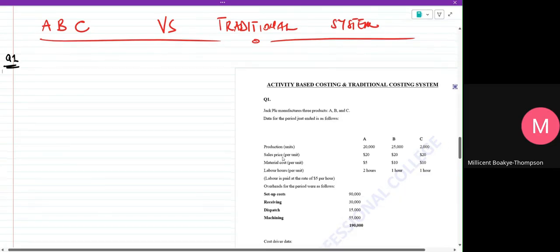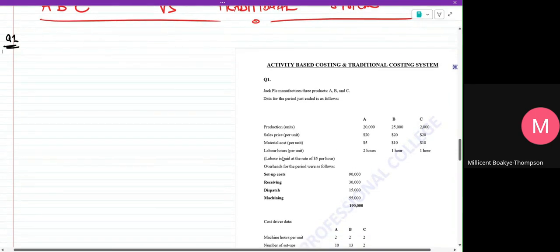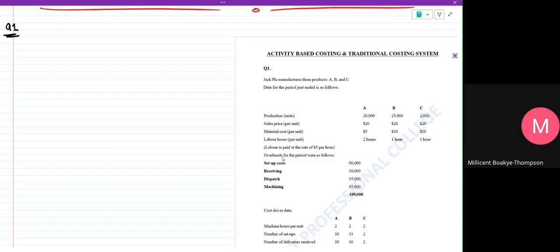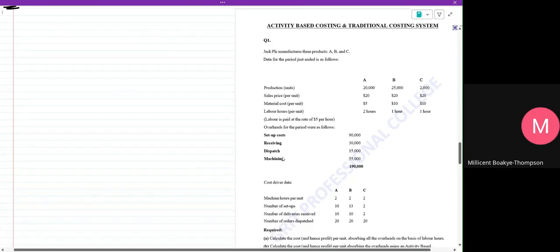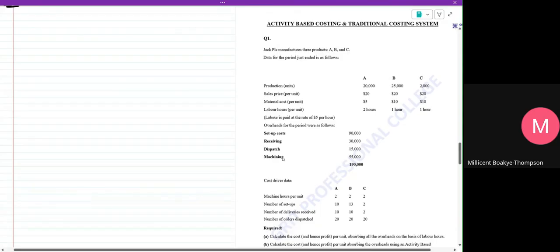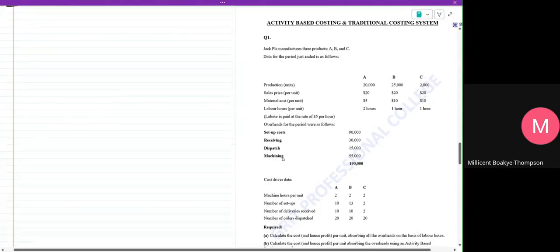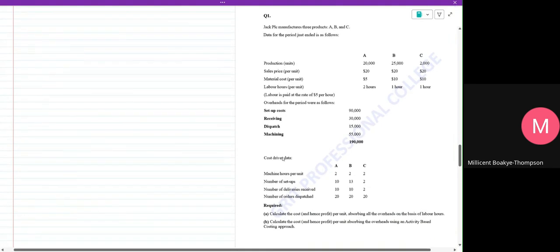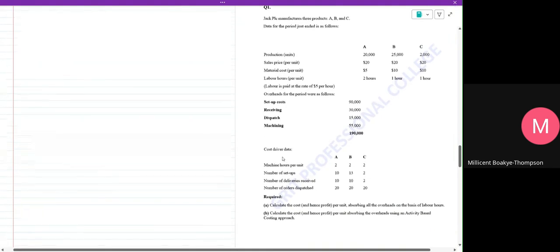Production units: 20,000 for A, 25,000 for B, 2,000 for C. Sales price per unit: $20 for A, $20 for B, and $20 for C. Material cost per unit: $5 for A, $10 for B, and $10 for C. Labor hours per unit: 2 hours for A, 1 hour for B, and 1 hour for C. Labor is paid at a rate of $5 per hour.